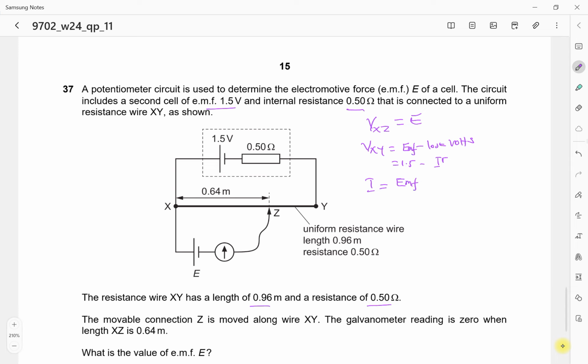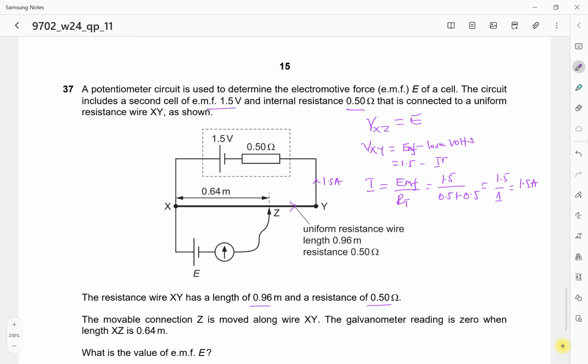The EMF is 1.5. Total resistance is the internal resistor, which is 0.5, plus the resistance of the wire XY, which is 0.5, which is 1.5 divided by 1. So the current is 1.5 amperes. It is the same current here.